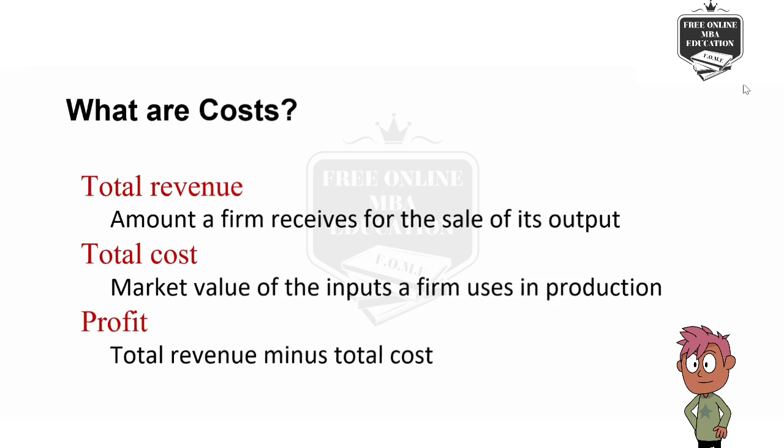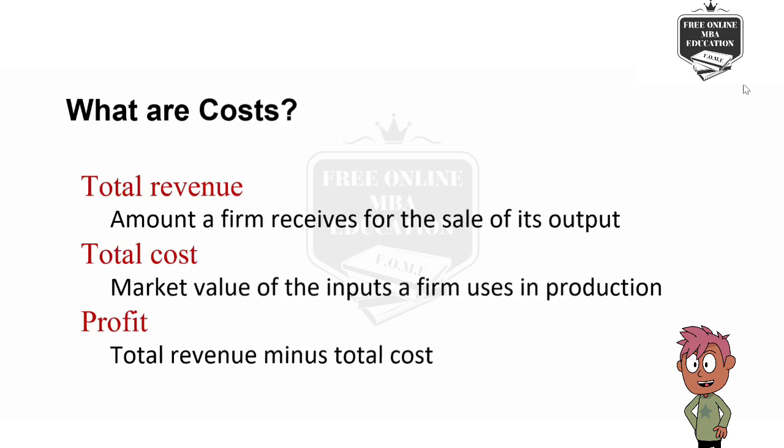From that perspective, we understand the concept of total cost as the market value of inputs that a firm uses in production. Now, what do I mean when I say the total cost concept? Understand, when we are talking about inputs, we need to understand the value of market cost. Why market cost or the market value?